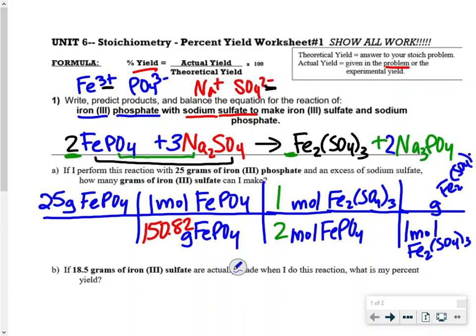So 1 mole of Fe2(SO4)3 is going to give me how many grams? Anybody get the molar mass of that? Times 2, let's go here, 3 sulfurs, and we have 12 oxygen, right?